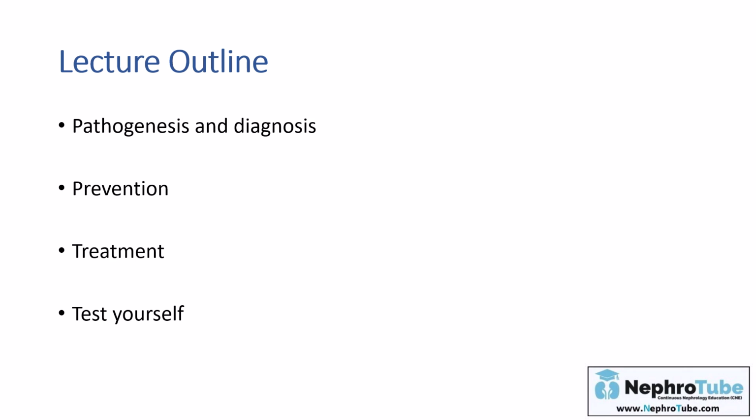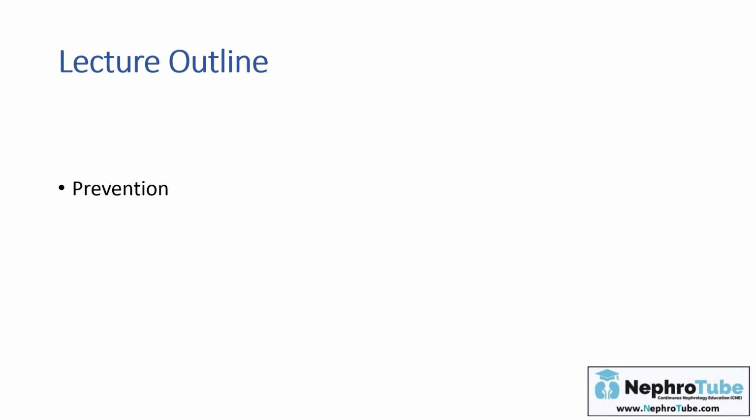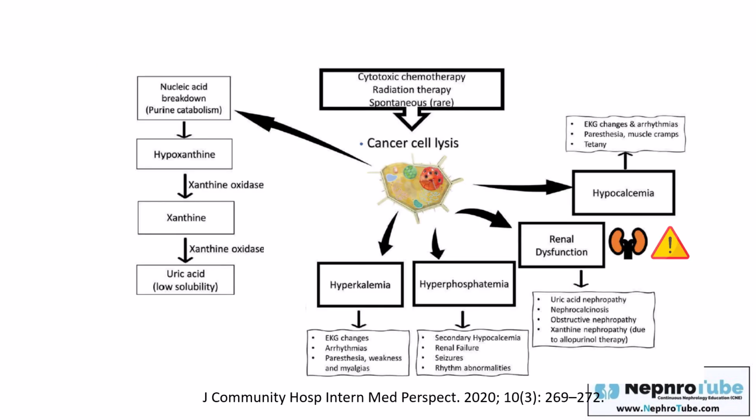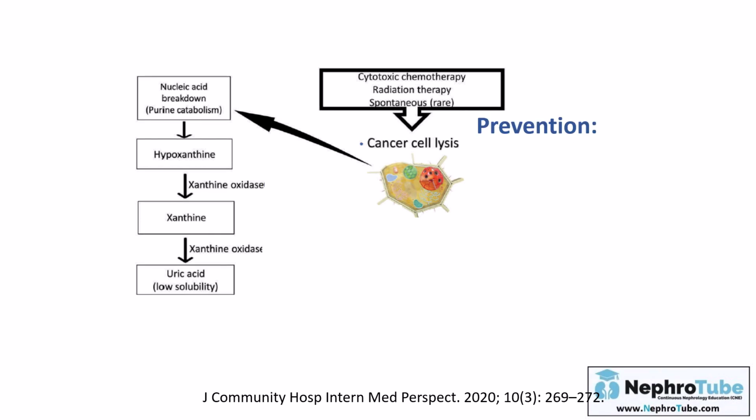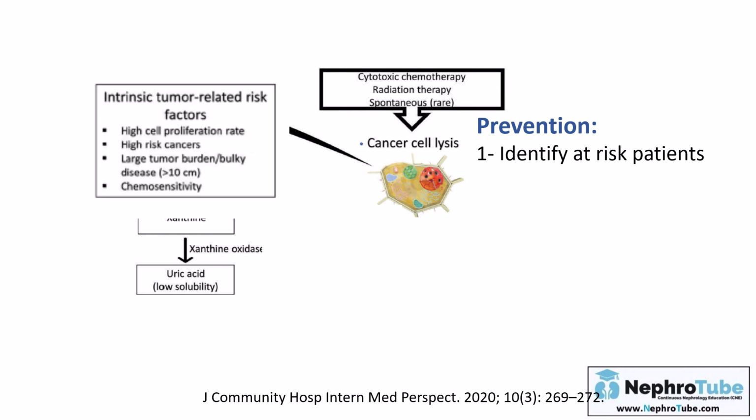The next point is how to prevent tumor lysis syndrome. To prevent tumor lysis syndrome, at first, prevention is to identify risk patients. There are some risks that are related to the tumor itself and some risks that are related to the patient himself.